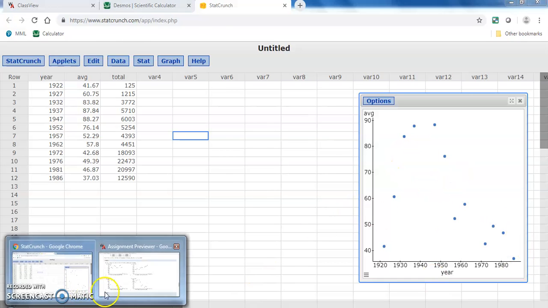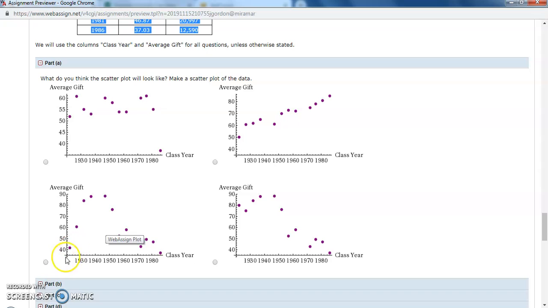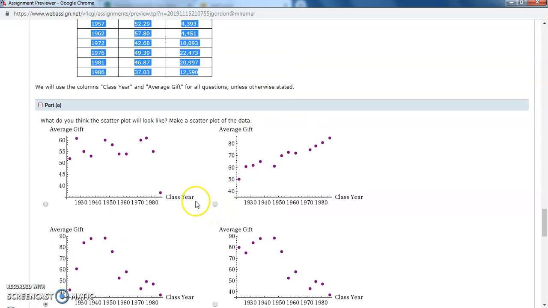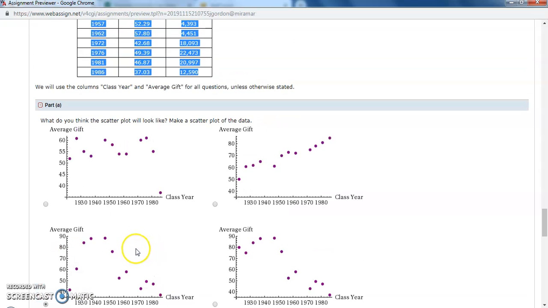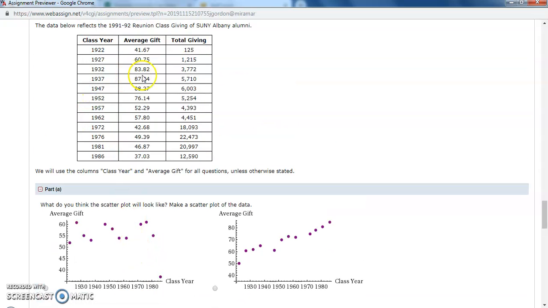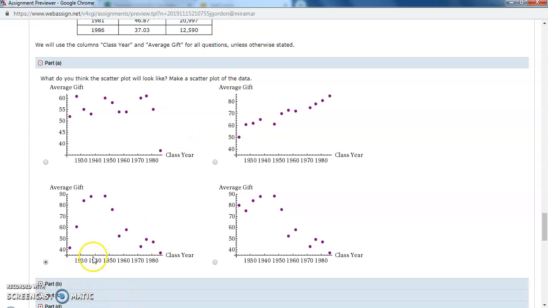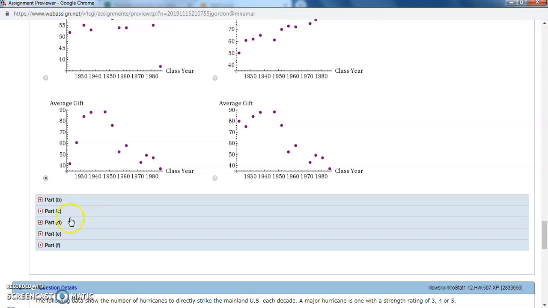The one that's most similar to that, maybe this one, and I would double check the points. In 1922 it was 41, yes, and then you could check 1937 was 87. Yes, good.